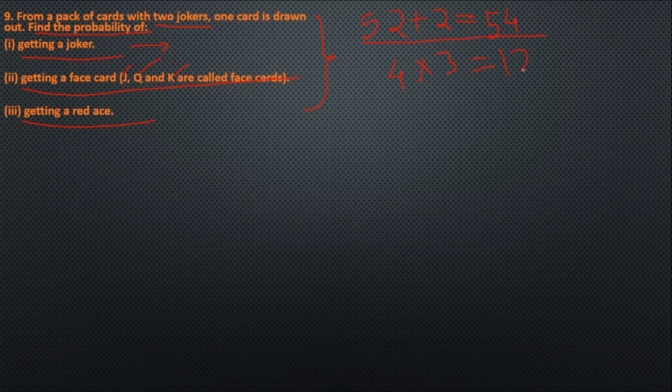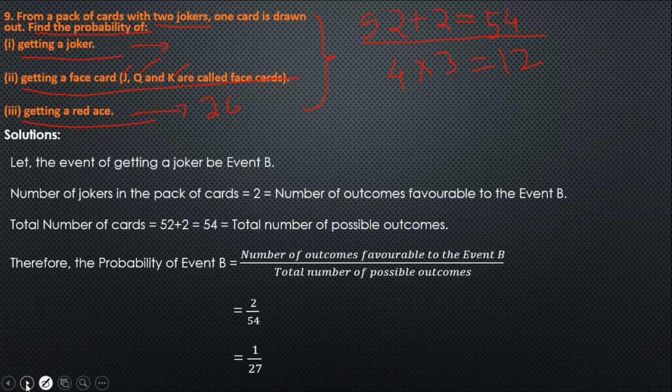This will give you 12 face cards. Getting a red card, there are 26 red cards out of 54 cards. So you have to calculate the probability of these. This is the question asking you.